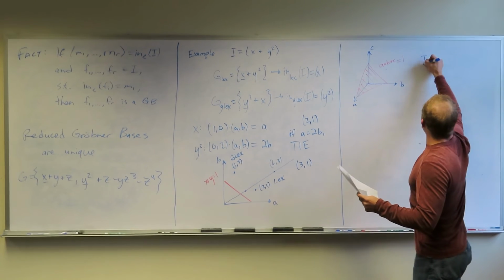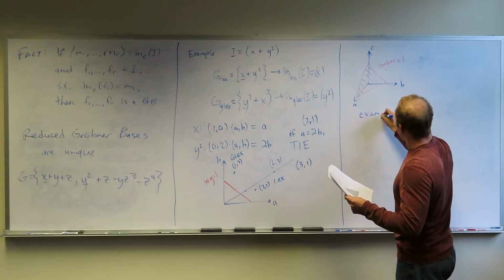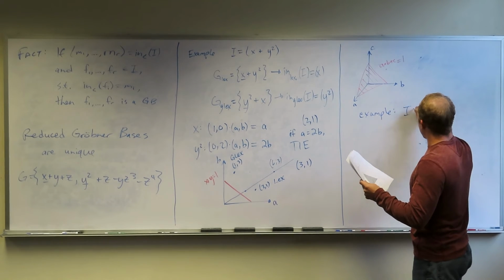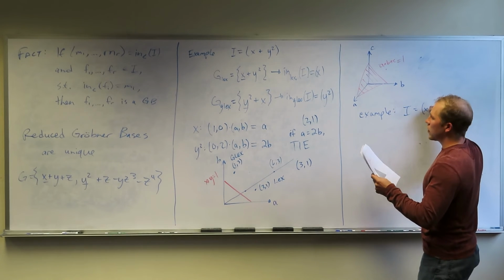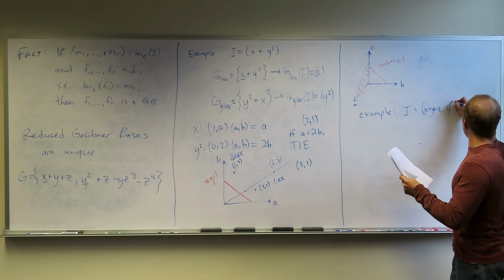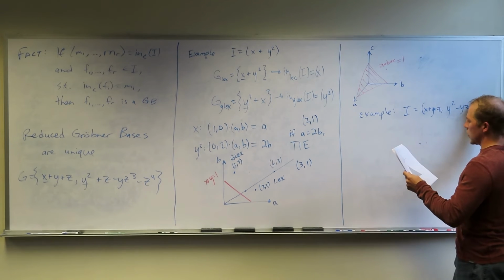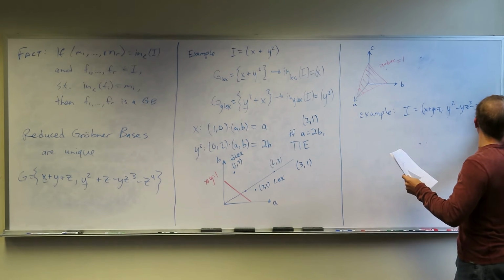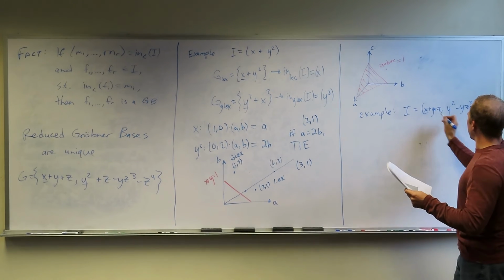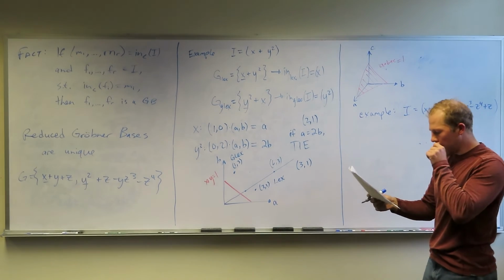Okay, so the example: the ideal will be one we've seen. Z cubed, C to the 4th. We don't have initial terms yet because I haven't said what my monomial order is.